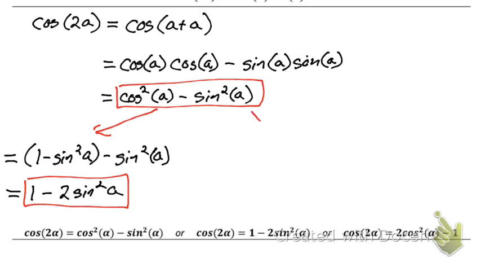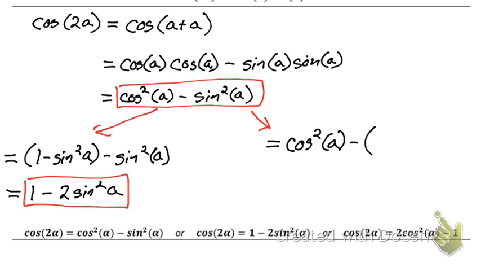Let's say everything on the right-hand side is cosines and I just want to focus on the cosine. Well, we're going to replace this sine squared a with 1 minus cosine squared alpha. So that's just going to equal cosine squared alpha. I keep saying alpha, but it's actually just a.